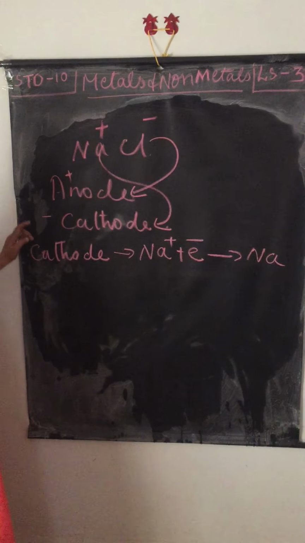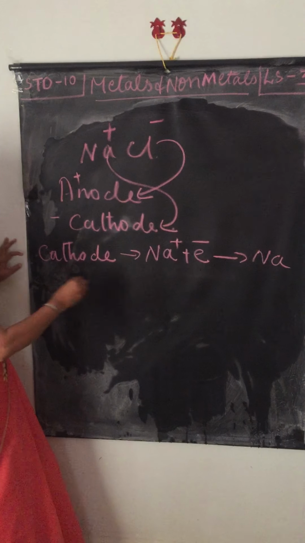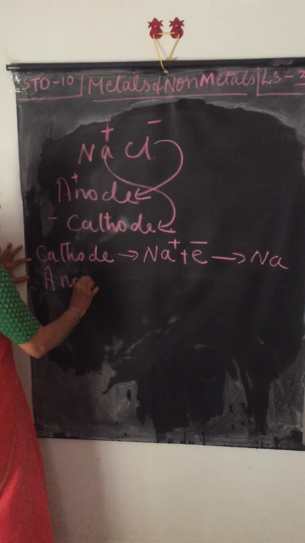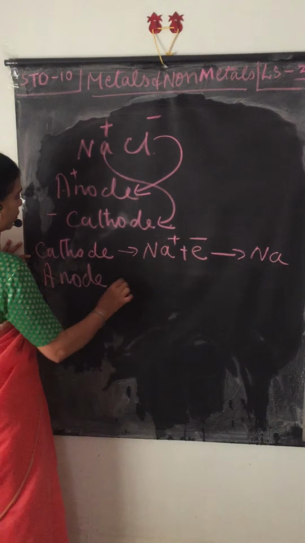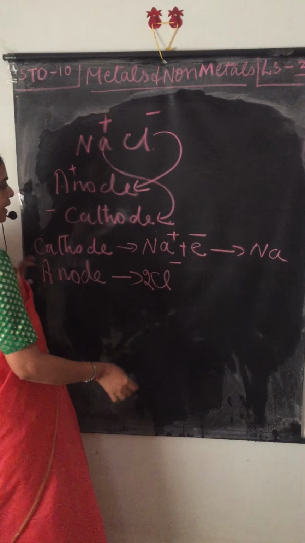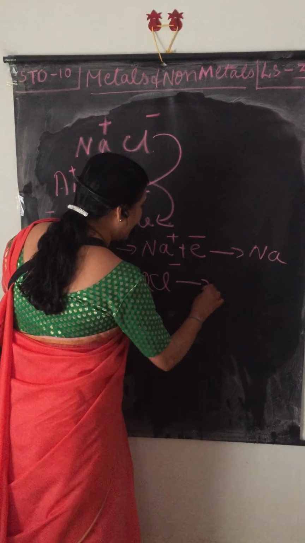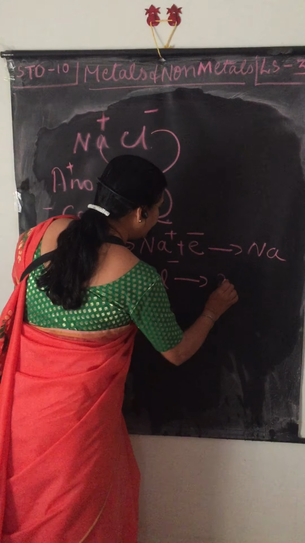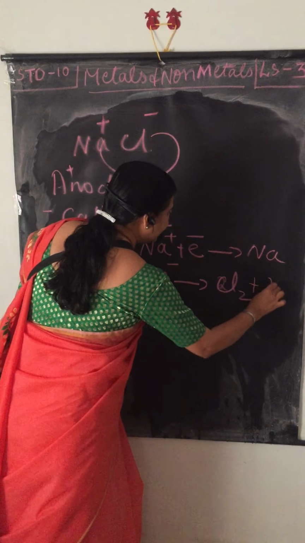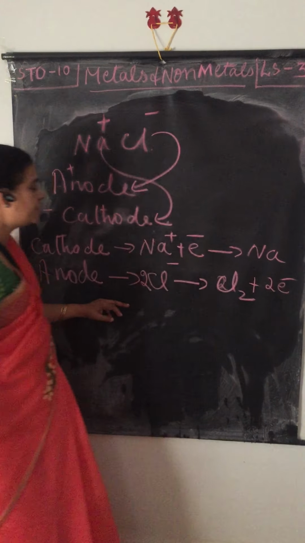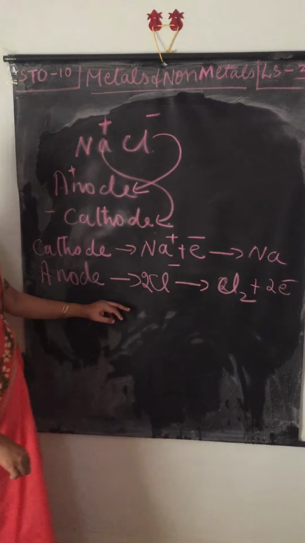At the same time, at the anode, the chloride ion Cl- has an excess electron. It gives back the electron, and 2 Cl- form chlorine gas. This is how the electrolytic reduction takes place.